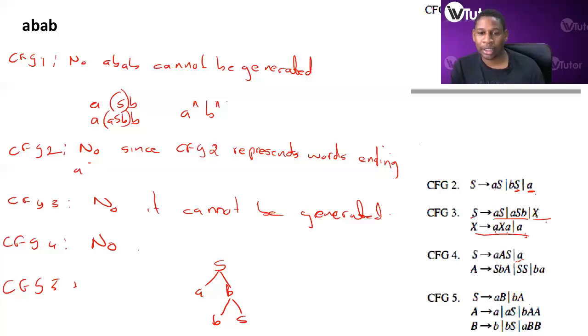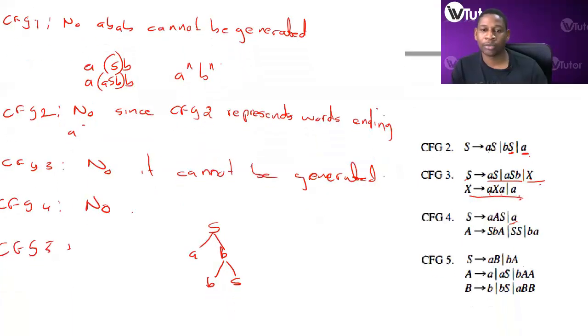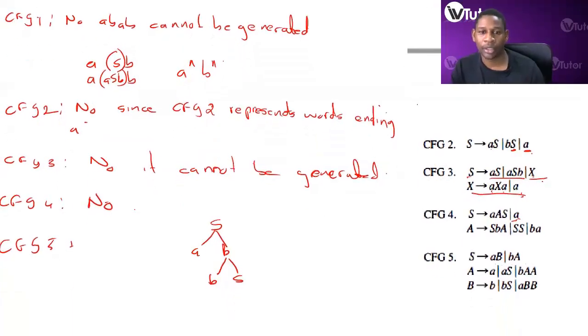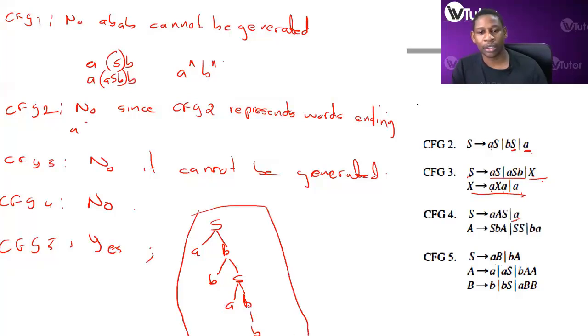Then S can now be AB again. S can now be A, B, and then B can go to B. So the answer here is yes, and we give the tree diagram like that. All right.